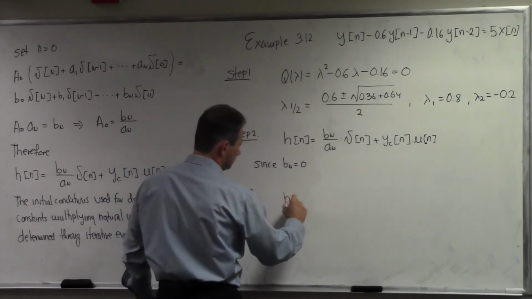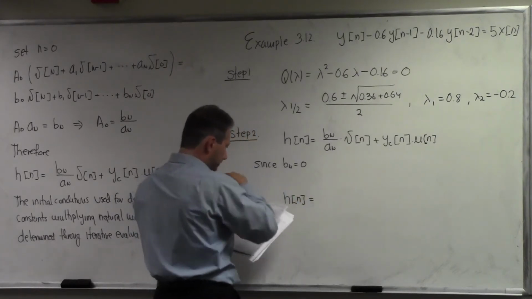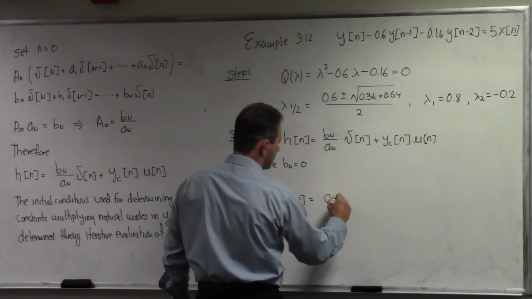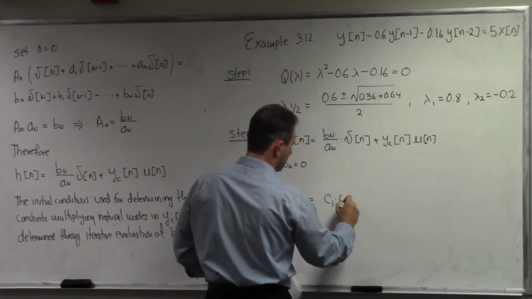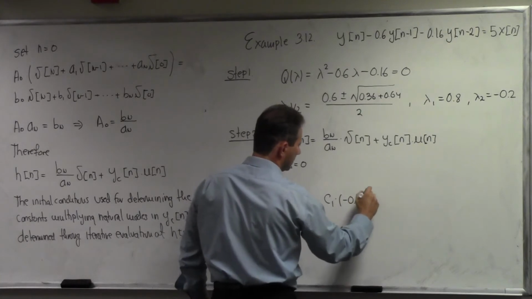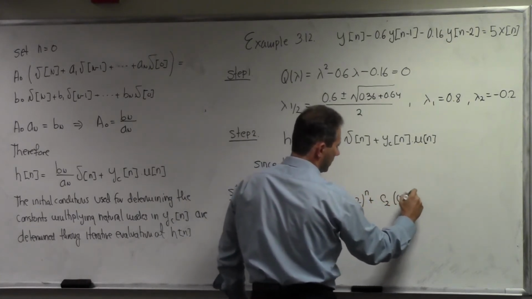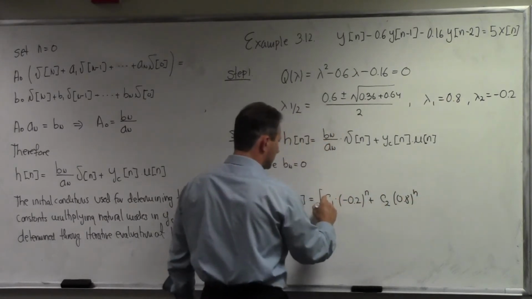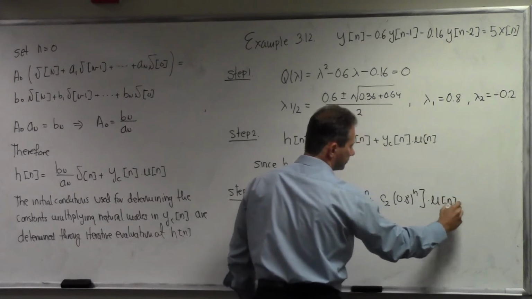So H of n is going to be C1 times the first root, which is minus 0.2 to the n, plus C2 second root, which is 0.8 to the n, everything multiplying U of n.